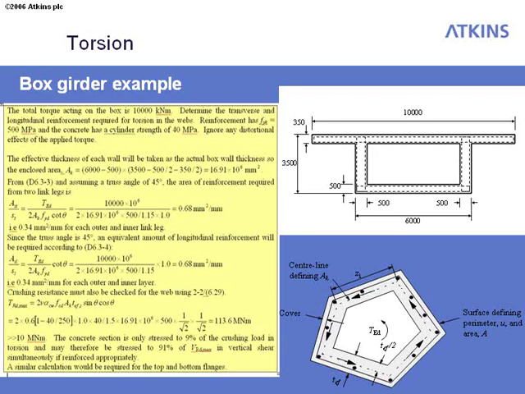Then we can go straight into calculating the torsional requirements for shear links. In this example, we've got a total torque of 10 meganewton meters acting. From the first equation in the code, we can get the transverse reinforcement requirement, and the only thing we need to decide upon is what truss angle we're going to use.